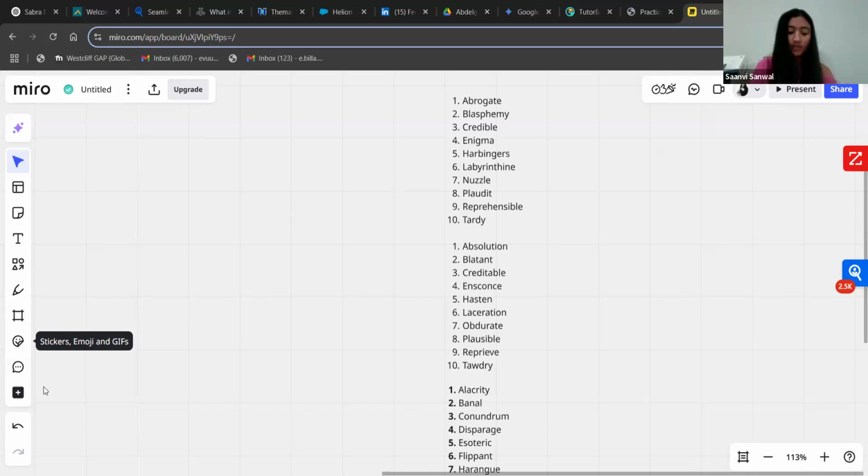The first word was nuzzle, and it means to rub or push, or to show affection and love to someone. And my sentence was: my dog just nuzzled my hair. The second word was plaudit, which the definition was a round of applause or a way to show praise or give approval.